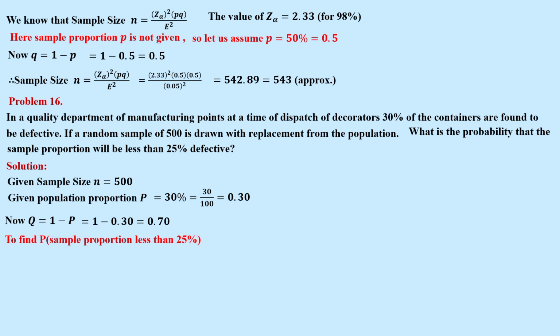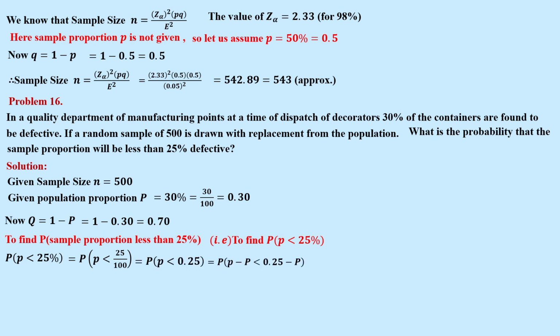To find the probability of sample proportion less than 25%, that is the probability of small p less than 0.25. So subtracting capital P on both sides, probability of p minus P less than 0.25 minus P, divided by root of PQ by n. So probability of (p minus P) by root of PQ by n less than (0.25 minus P) by root of PQ by n.